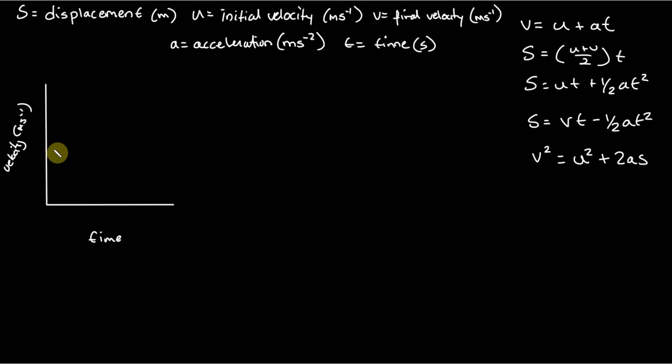I'm just going to pick an arbitrary point here and call it U. That's our initial velocity, and I'm going to draw a straight line up like this, again just some arbitrary point in a line, and then at this point here across I'm going to note that as V, that's our final velocity, and then at this point down I'm going to call that T. That's the time taken to get to our final velocity, V.